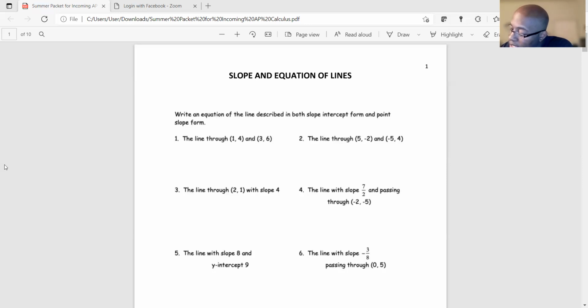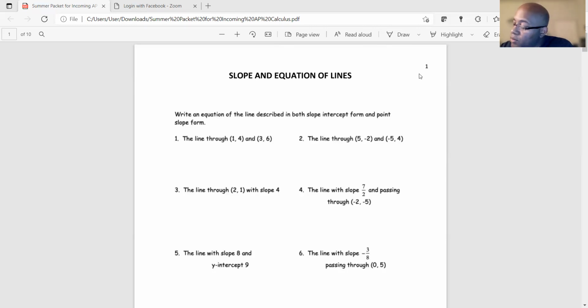Add 3 on both sides of the problem, and b is going to equal 1. So your equation is going to be y equals -3/5 x plus 1. This is slope-intercept form. Y equals mx plus b.